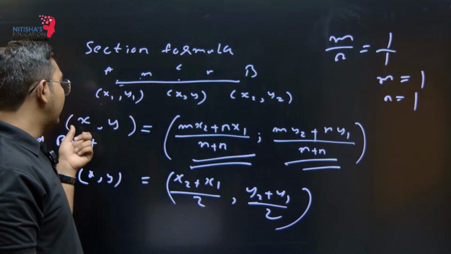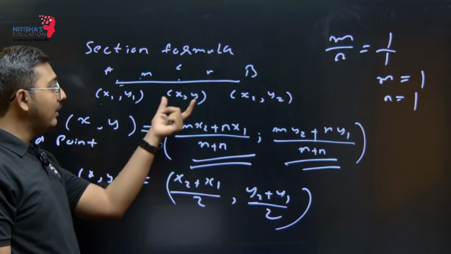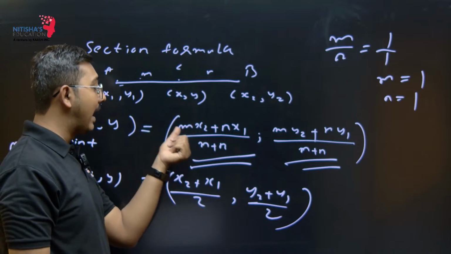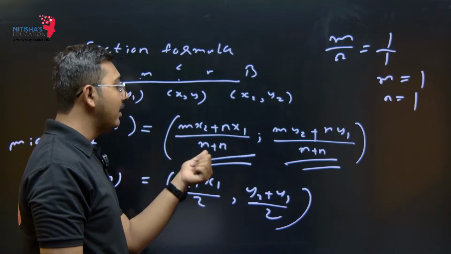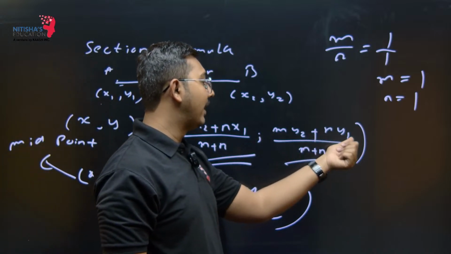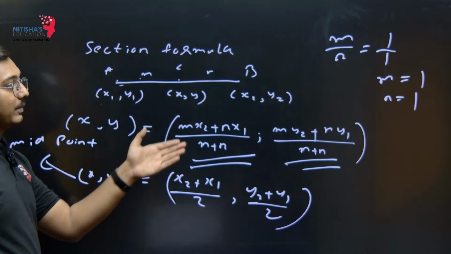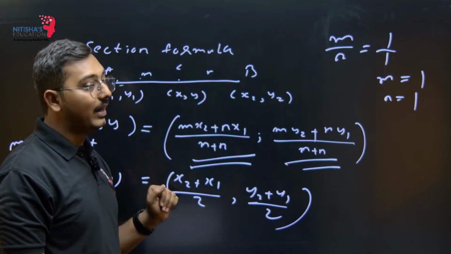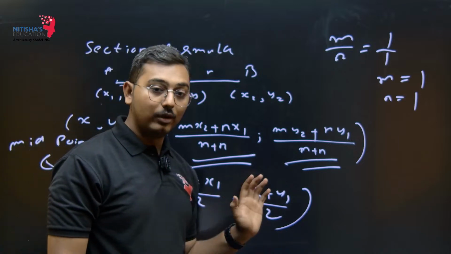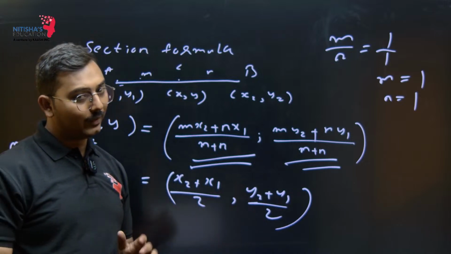The formula is x, y, the coordinates of the middle point, equal to (m x2 plus n x1) upon (m plus n), comma (m y2 plus n y1) upon (m plus n). Similarly, if you substitute 1 for m and n, we will get (x1 plus x2) upon 2, (y1 plus y2) upon 2. That is not an issue.